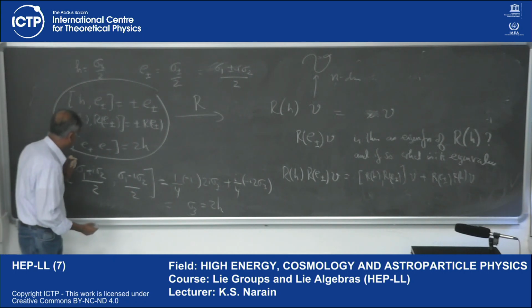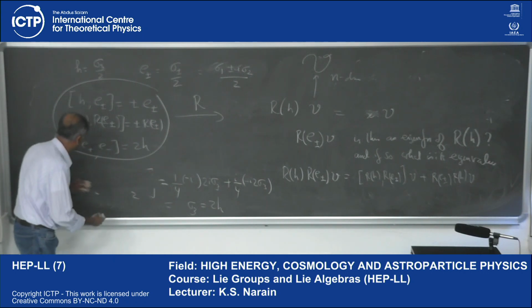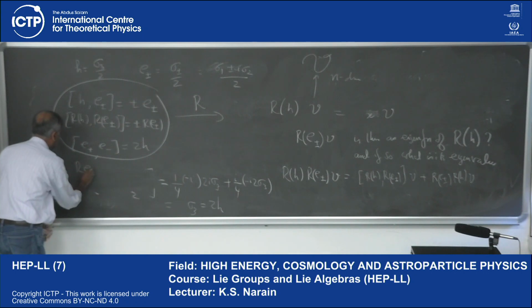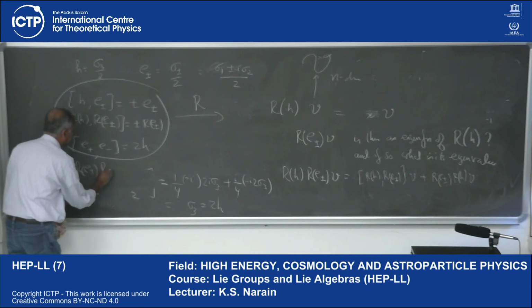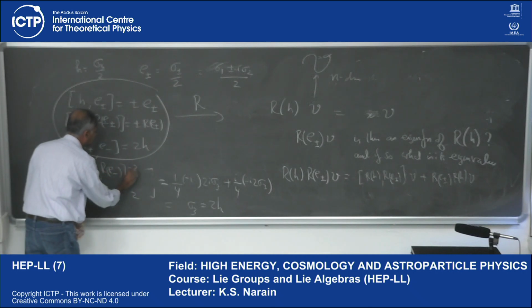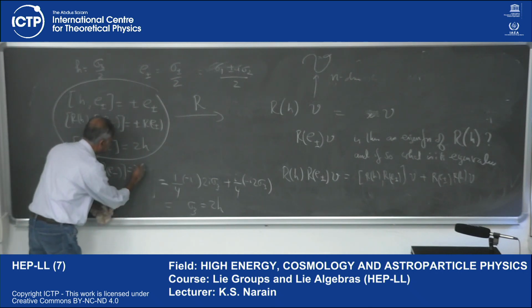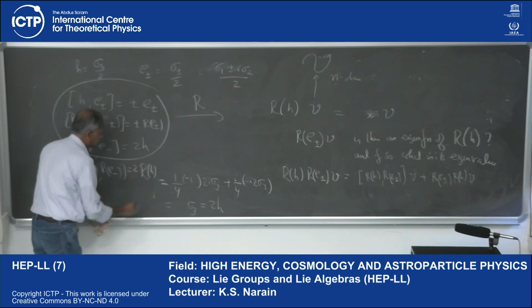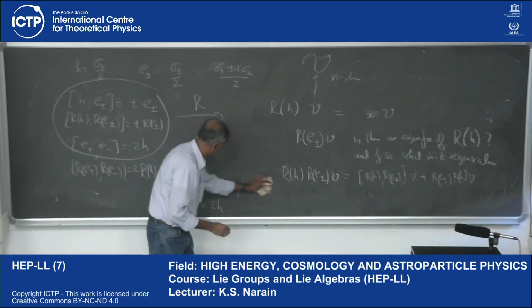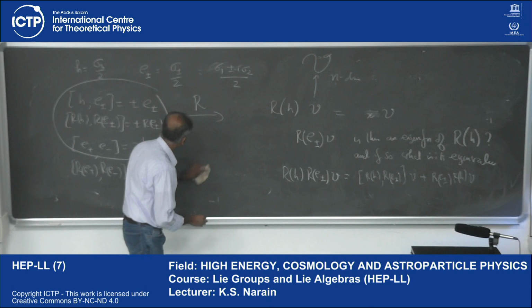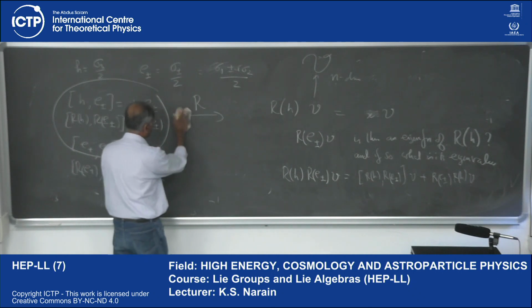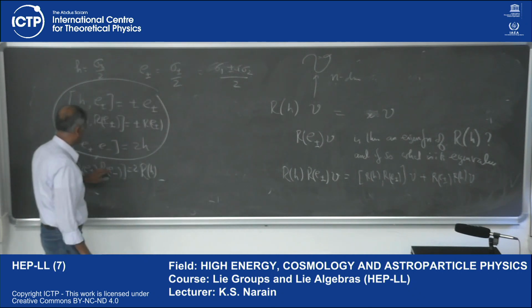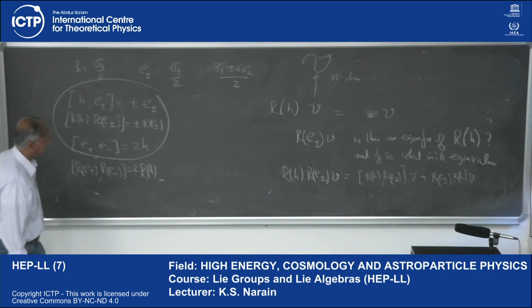And furthermore, we have this relation E plus, E minus commutated is 2 times RH. So this is what we deduce from the definition of the representation.